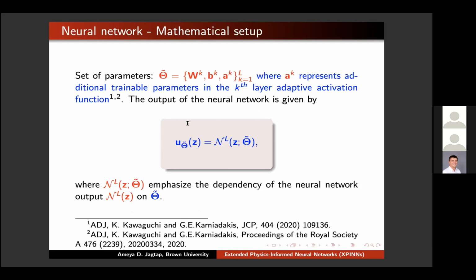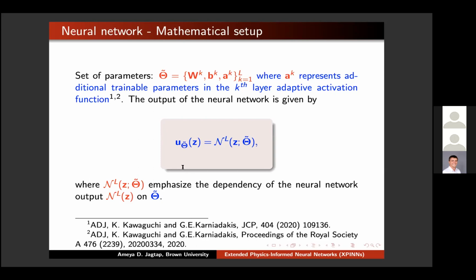So basically here we are using adaptive activation functions. References are given here. I'm not going to talk about adaptive activation in this talk, but basically we are introducing a trainable parameter in the activation function, so that along with the weights and biases, we can also evolve the activation function, and we can get the optimal performance out of the network.